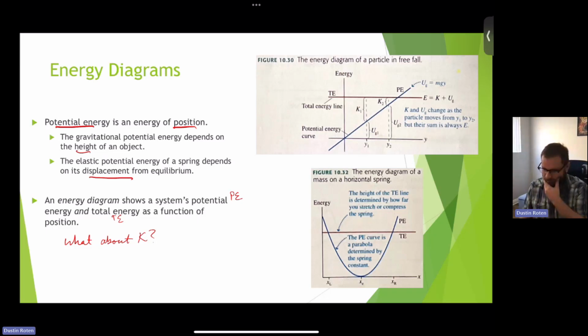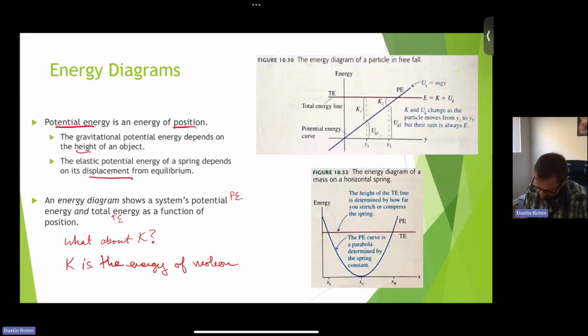And the reason we're not really considering kinetic energy here is that kinetic energy is the energy of motion. Remember, we have the whole 1/2 mv squared. Distance doesn't come into play for kinetic energy. That's why we're limiting this to potential energy.